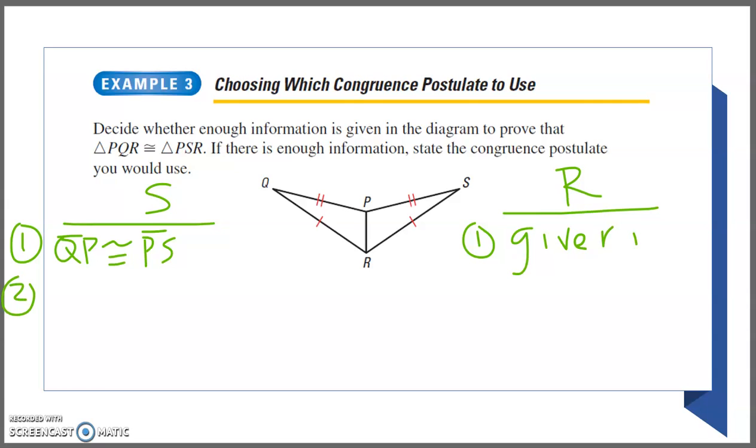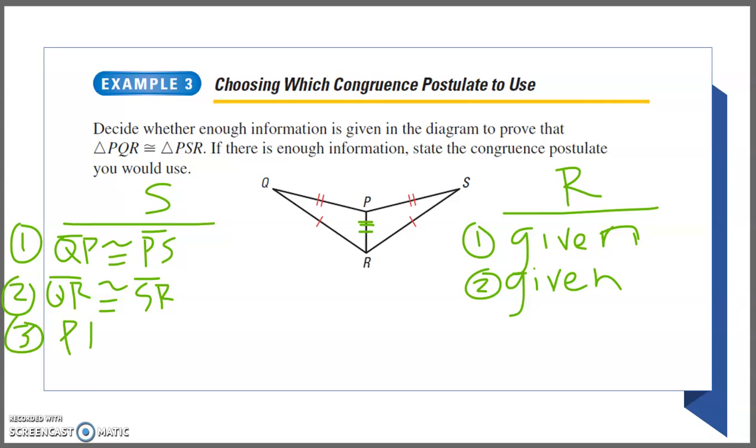Next, I'm going to conclude that QR must be congruent to SR by the given tick marks. And here's the last piece I'm going to conclude: PR of the left triangle is congruent to PR of the right triangle. And what allows us to say that something is congruent to itself? I always think about this thing looking at its reflection, reflexive property.